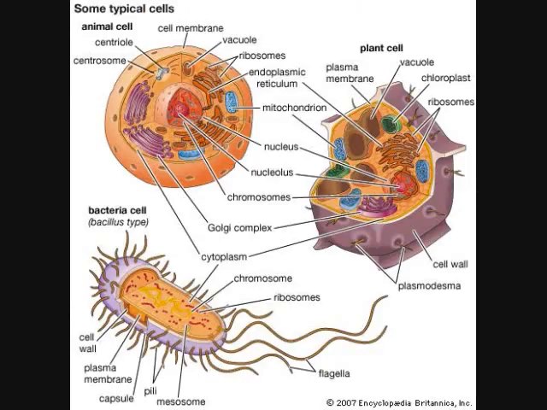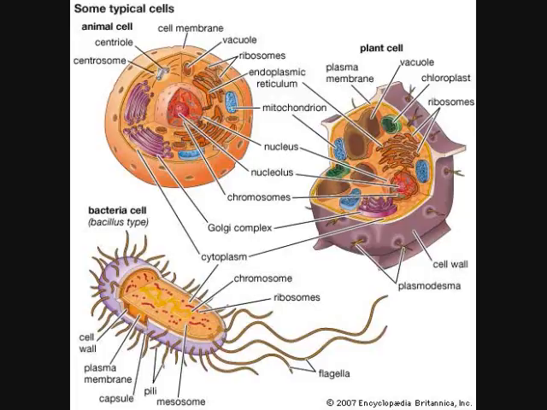In animal and plant cells, we see the centriole, the centrosome, cell membrane, vacuole, ribosomes, endoplasmic reticulum, mitochondria, nucleus, nucleolus, chromosomes, Golgi complex, vacuole, chloroplasts, ribosomes, cell wall, and plasmodesma.